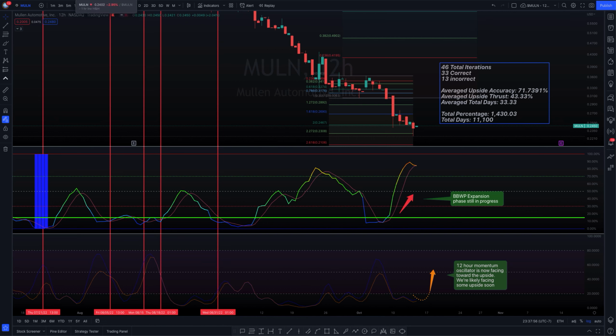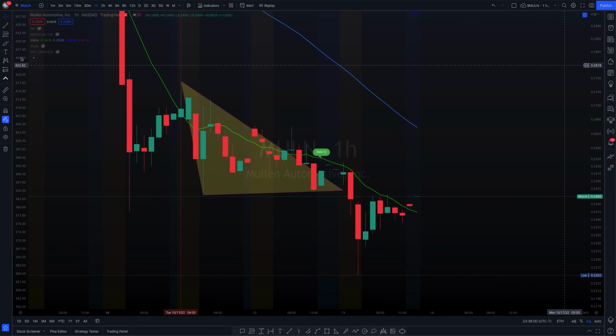So let's move on. Let's look at the notes right here. Okay, let's change the chart. We were calling this triangle yesterday. Unfortunately, we failed it, and the SMA 10 helped pressure us down. This served as resistance all the way down.